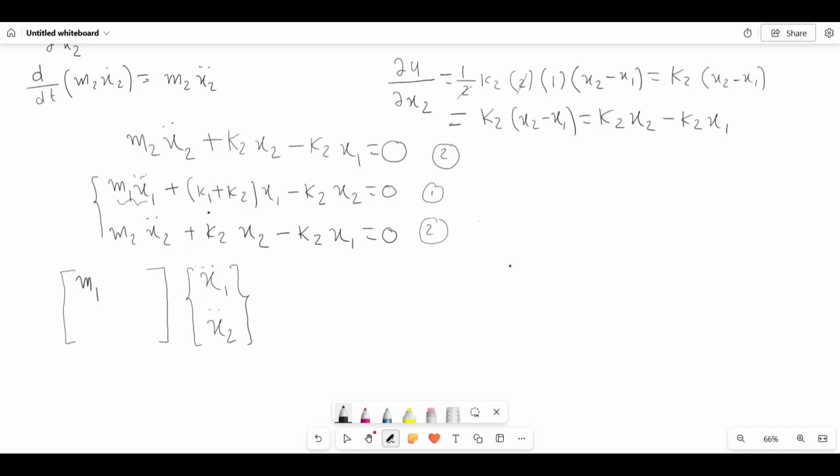Do I have any expression that has x1 dot dot here? No. Because of that, this entry here should be 0. Because when I do this times this, I find this. When I have this times this, I find 0, because there is no other expression that goes with x1 dot dot. That's basically what we are doing. Now, when we come for x2 here, who is joining her?